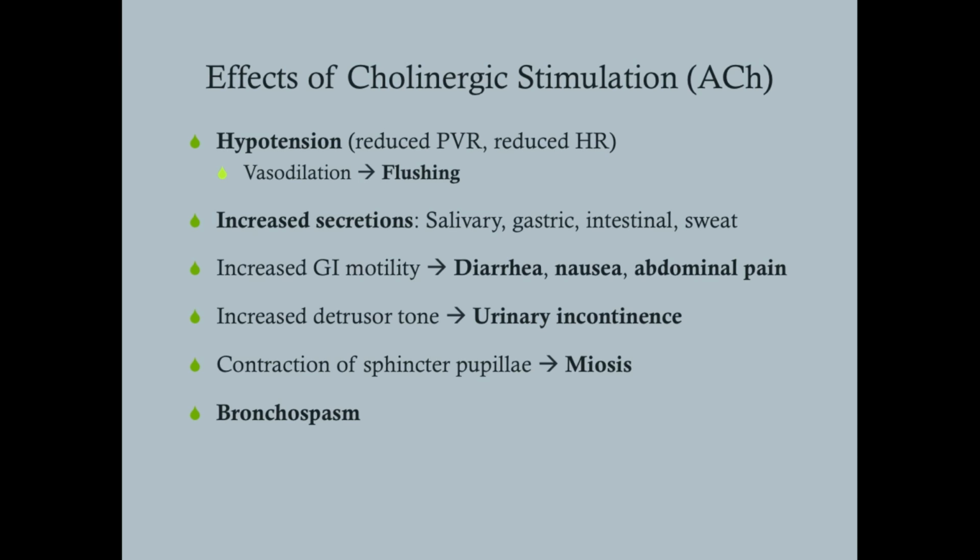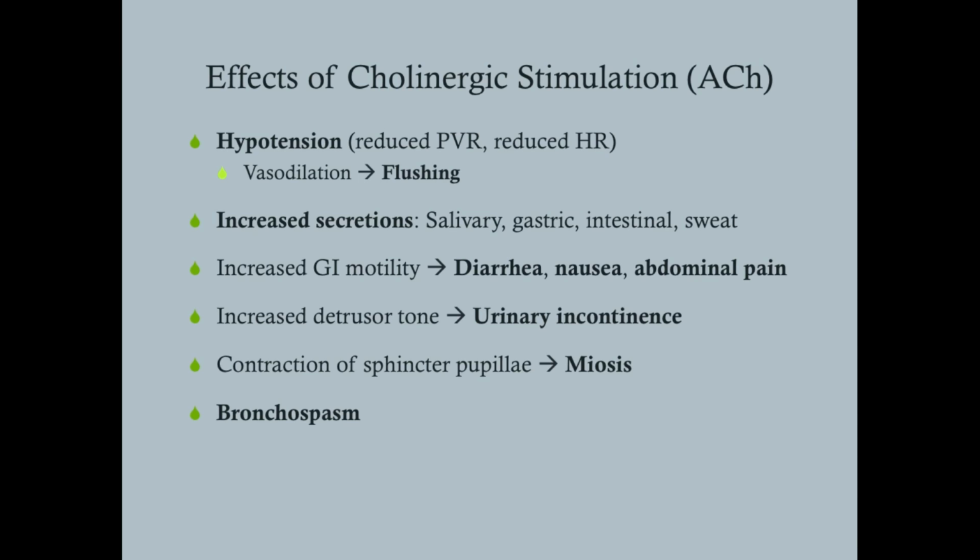So you get vasodilation, and you also get a reduced heart rate. You put those two together, you can get a really profound hypotension. And so hypotension is one of the main things that you can see with cholinergic stimulation, and it really limits the usage. Because you get vasodilation, you can get flushing, red skin, from cholinergic stimulation.